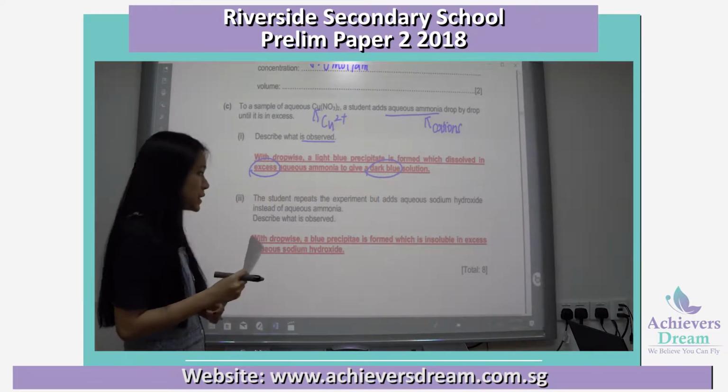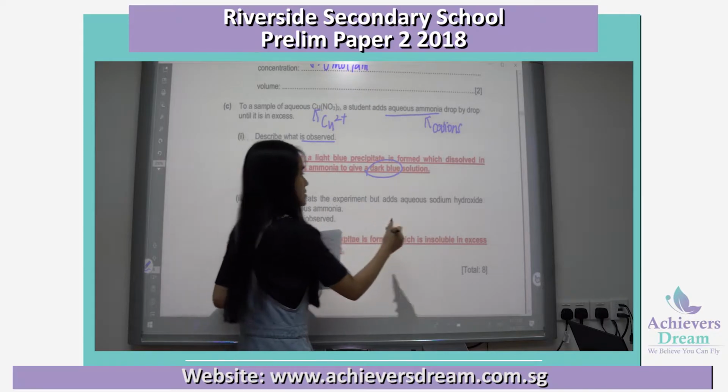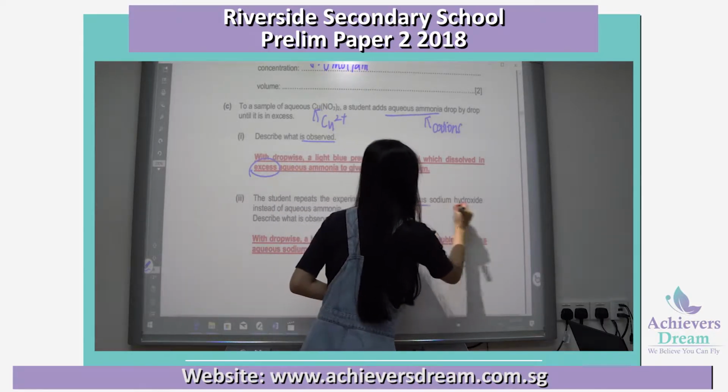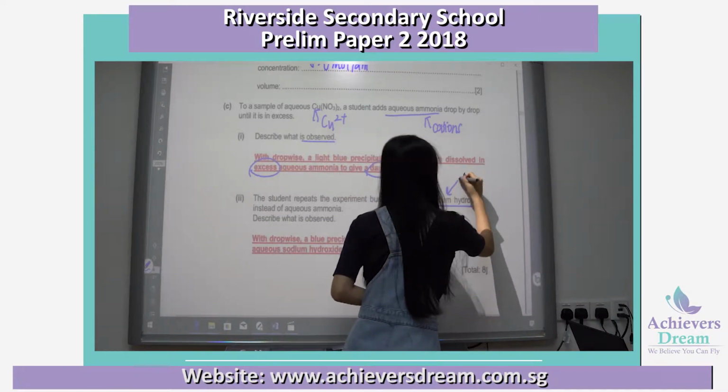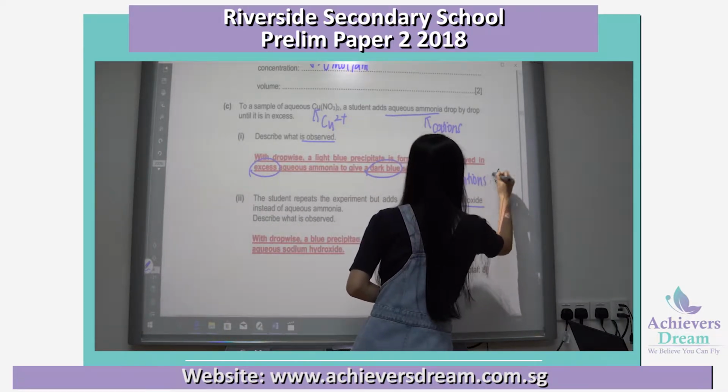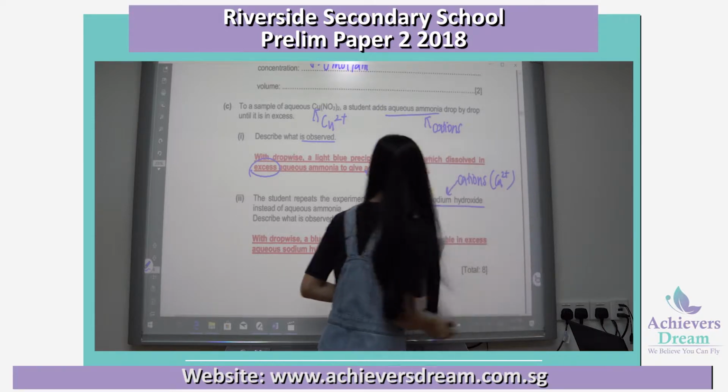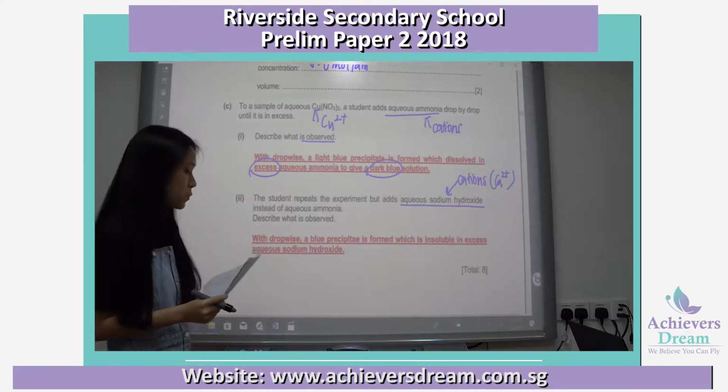The student repeats the experiment, but in this case adds aqueous sodium hydroxide. Aqueous sodium hydroxide is also used to test for the presence of cations, which is Cu2+ in this case. But what difference will you observe?